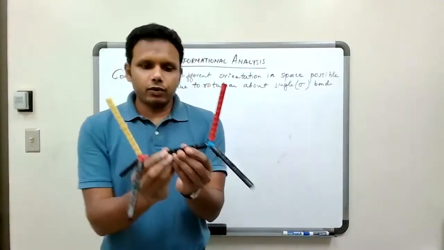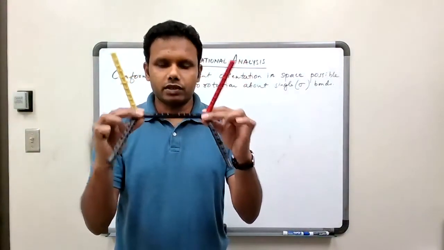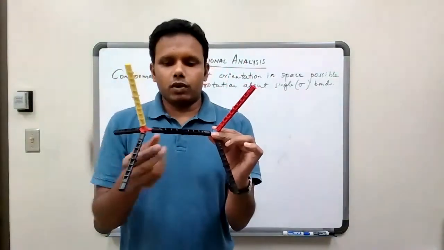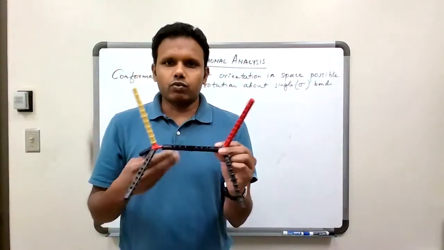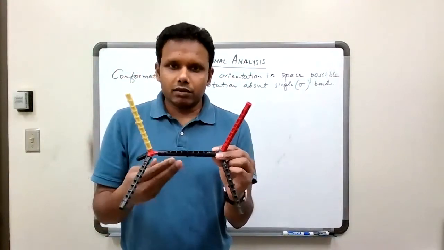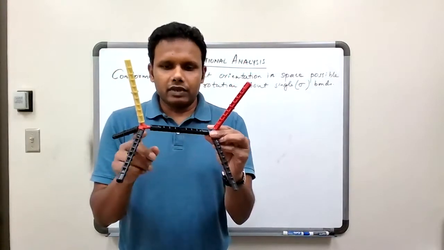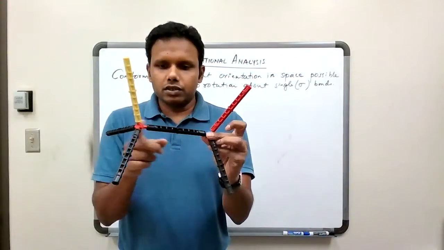Now, if we focus on the carbon-carbon sigma bond, the single bond, let's go back to chapter 1 and redefine sigma bond. How do we understand sigma bonds? A sigma bond is formed by the overlap of electron clouds or orbitals along the internuclear axis.